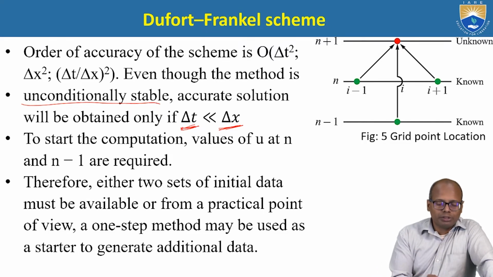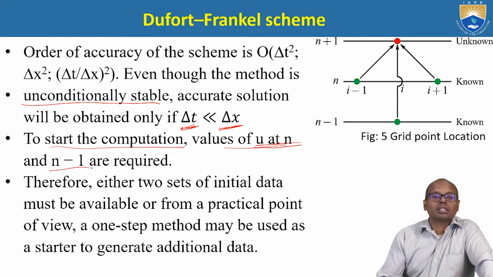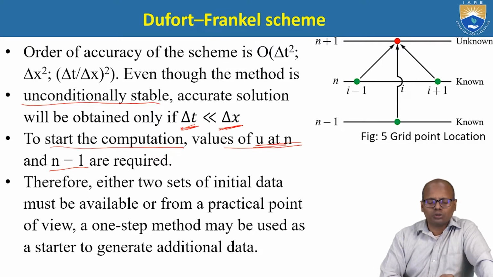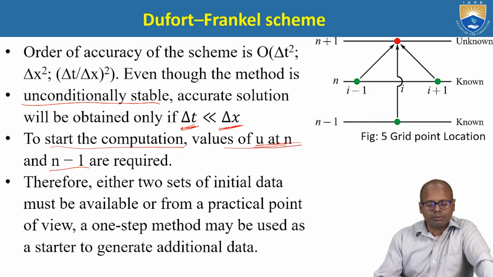But here, to start the computation, we need values at n and n minus 1. So n values we need to know, and n minus 1 values also we need to know. But at the first interval we don't have the values of n minus 1.